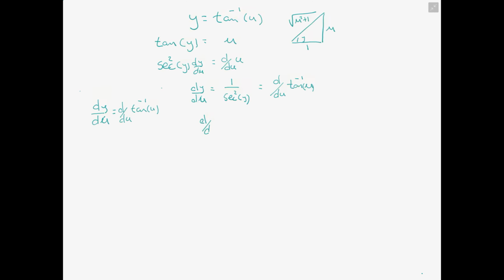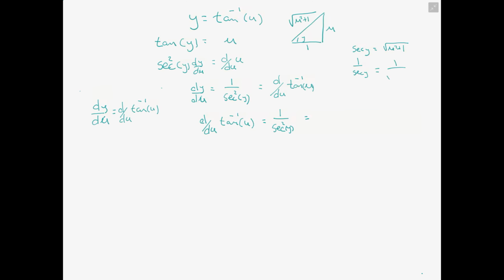So that's what this is, the d/du of the arctangent of u. And then we can swap sides around. d/du arctangent of u is equal to 1 over the secant squared of y.